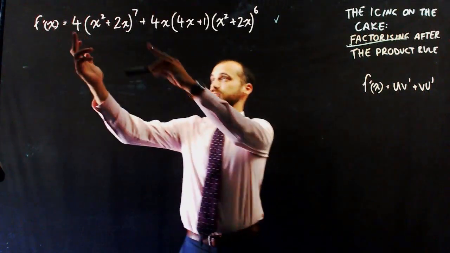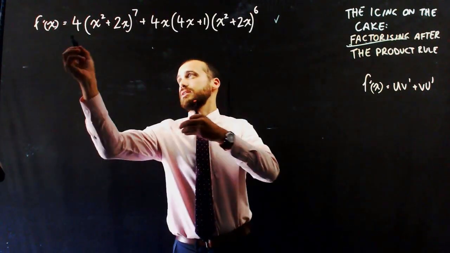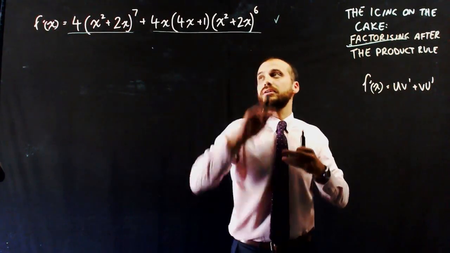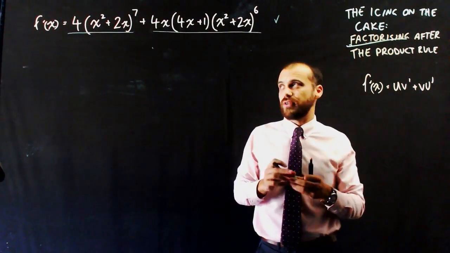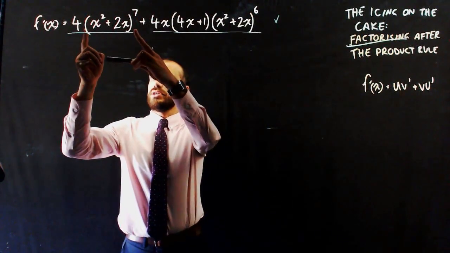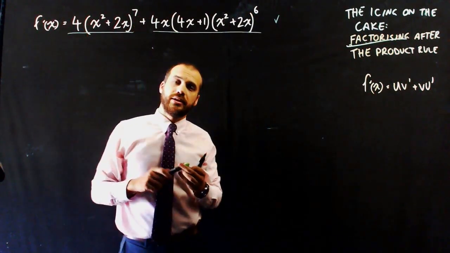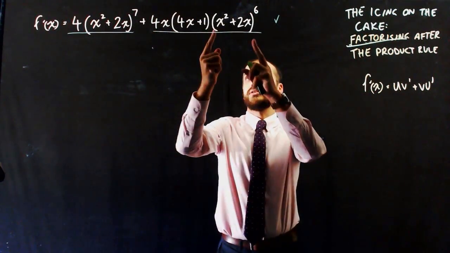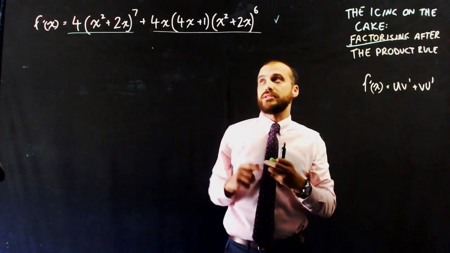So we have something, plus something else, and we need to look for common factors here. So this says 4 times this to the power of 7, and this says 4x times this to the power of 6.